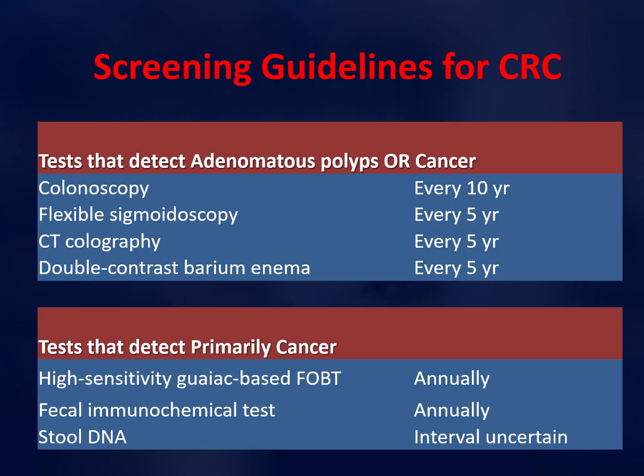Concerning the screening modalities available for colorectal cancer, we have the tests that detect adenomatous polyps or cancer. We have the colonoscopy that should be repeated every 10 years if it's a complete colonoscopy with a good or excellent preparation, with no polyps found, with no personal or family history of polyps or cancer.